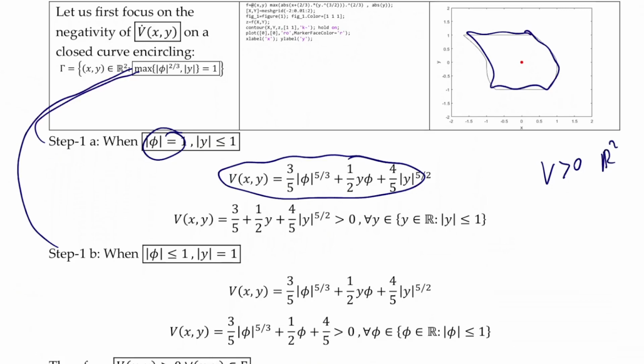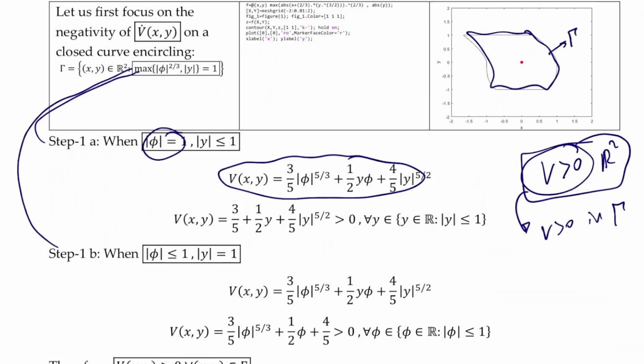That is the goal. Now we are trying to prove that in this given set, and then we will use some property of V to prove V being positive on the whole space.